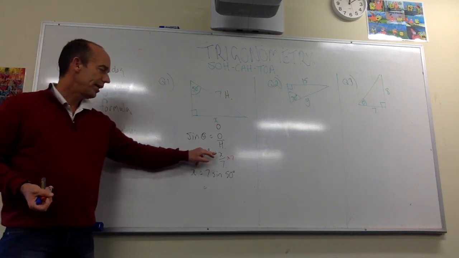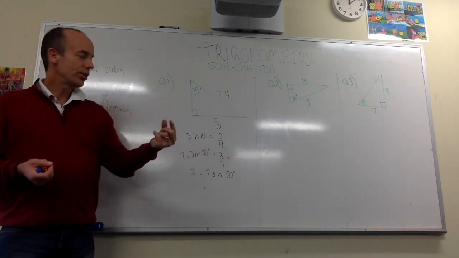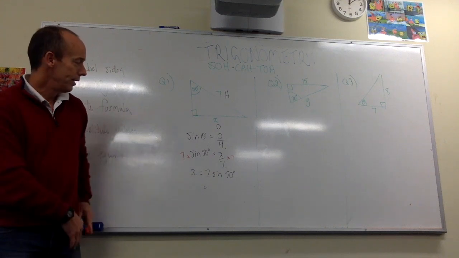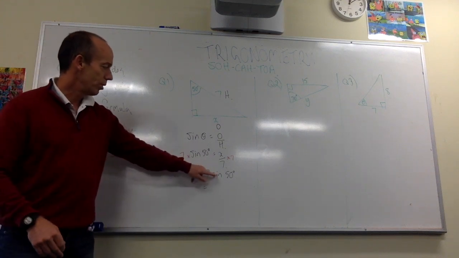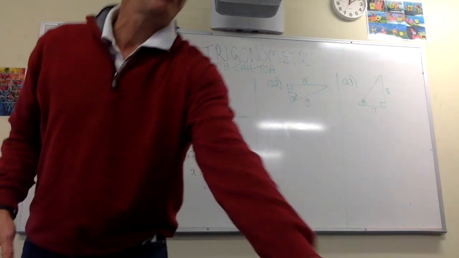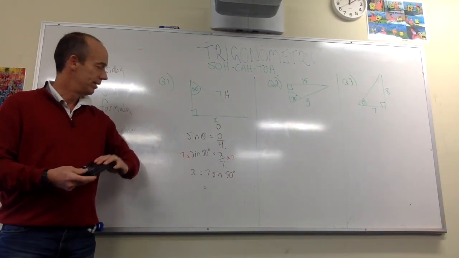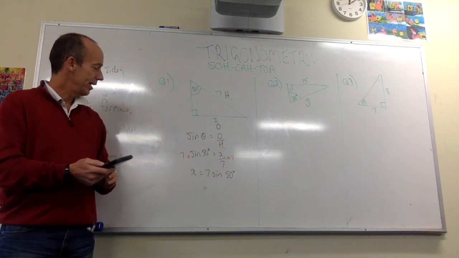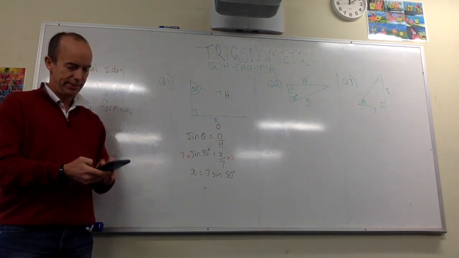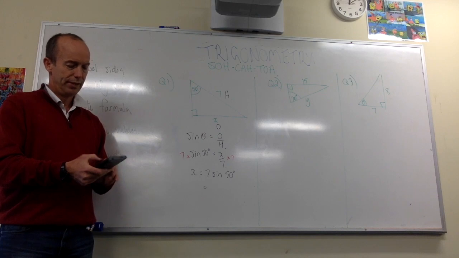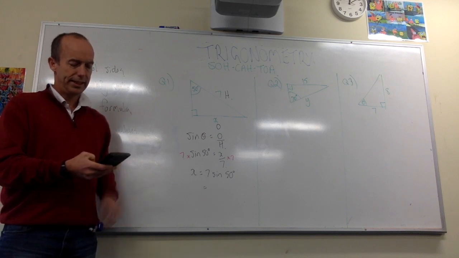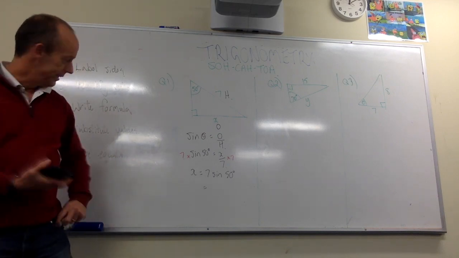Or you can remember, if the thing that you're trying to find is in the numerator, we end up multiplying the trig function. So I'll end up with 7 times sine 50. So then I put that into my calculator, 7 times sine 50 degrees, and I get 5.36.